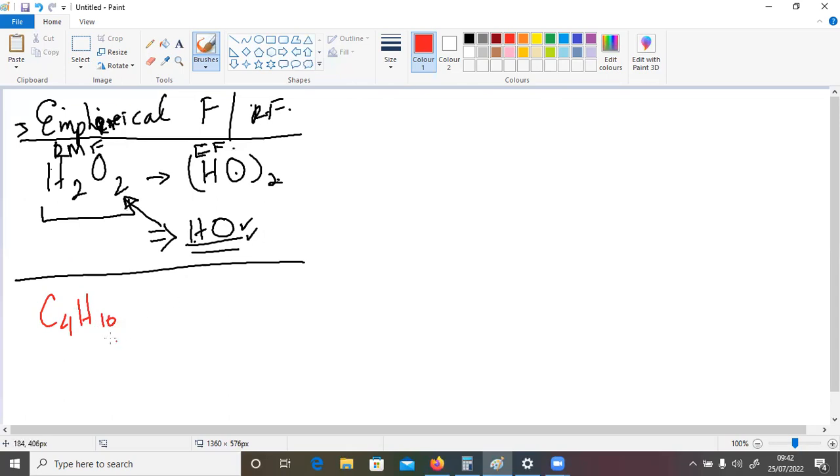When you are drawing this particular compound, you would draw 4 carbon atoms, 1, 2, 3, 4, like that. Then hydrogen, 10 of them, 1, 2, 3, up to 7, 8, 9, and 10. So it is completely saturated.